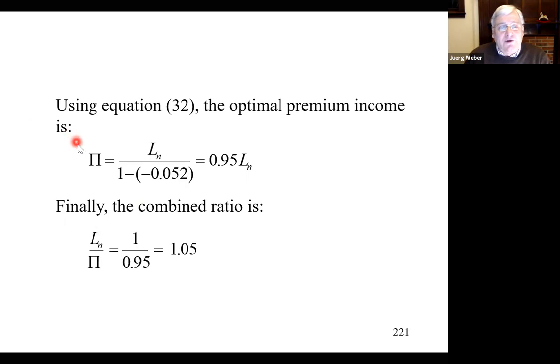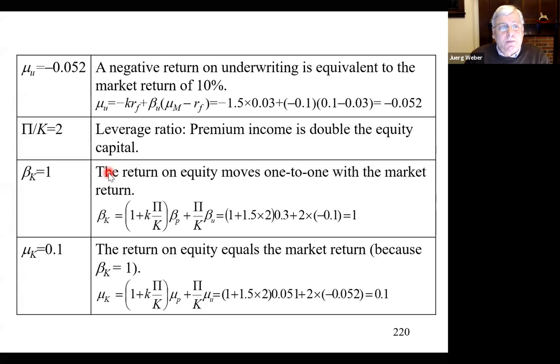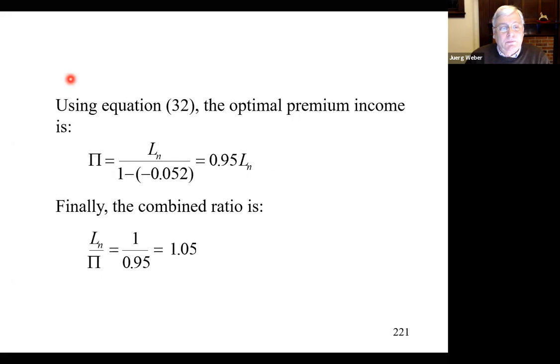So we can now use this. We know the mu, here we have it, 5.2%. So we can now calculate the optimal premium income. Just plug it into equation 32. With 5.2%, you get that the optimal premium income should be 95% of the expenses of the insurance company for payments to insurance buyers and also for underwriting expenses.